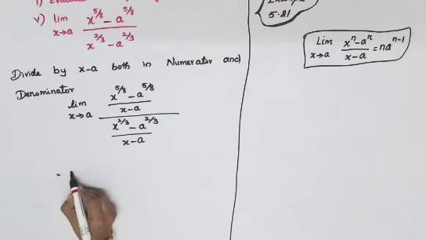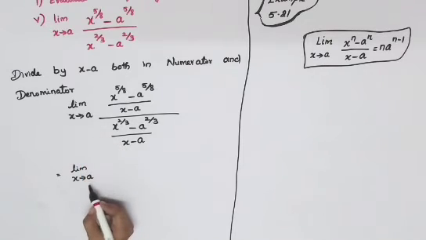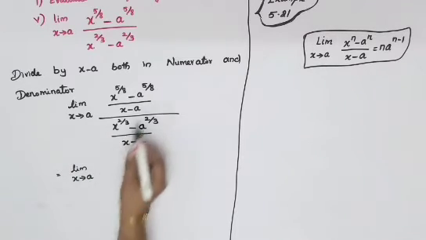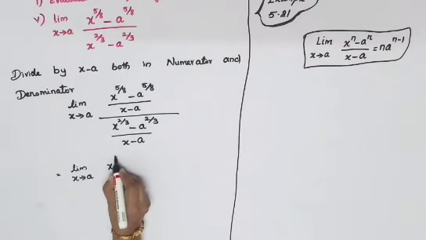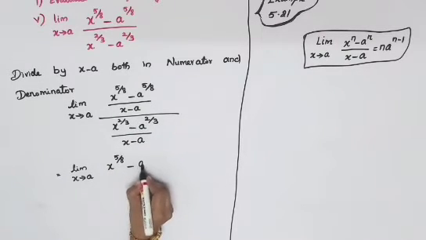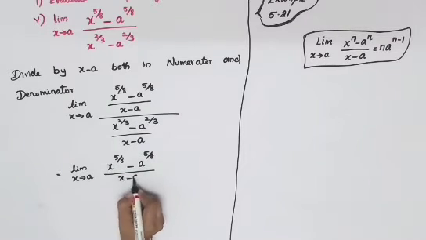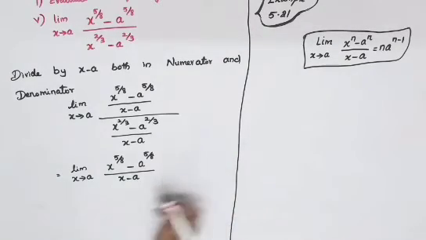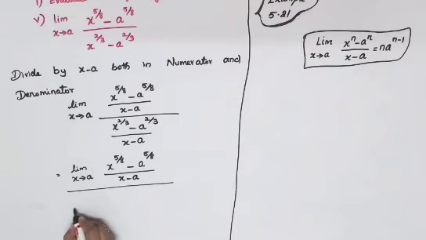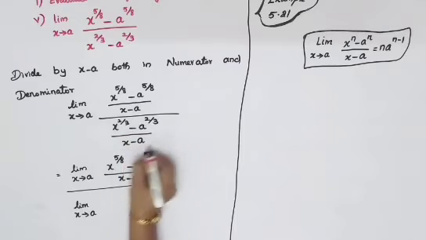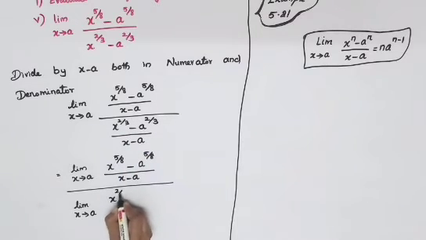So which is equal to limit x tends to a. That is, we are going to split the limit to the numerator and to the denominator. So this part will be there as it is, x power 5/8 minus a power 5/8 divided by x minus a, because with the limit only a formula is there. Then divided by, again in the denominator, limit x tends to a, x power 2/3 minus a power 2/3 divided by x minus a.